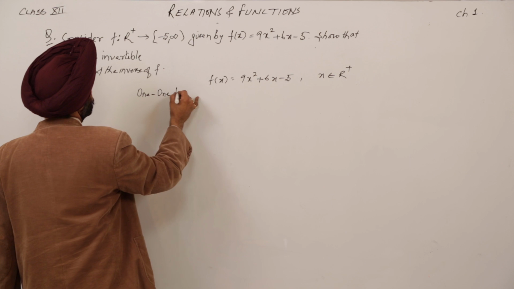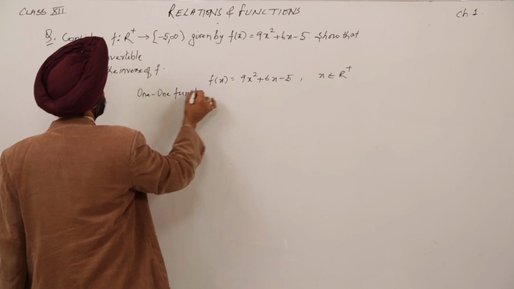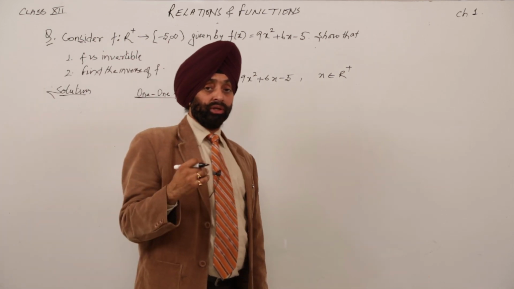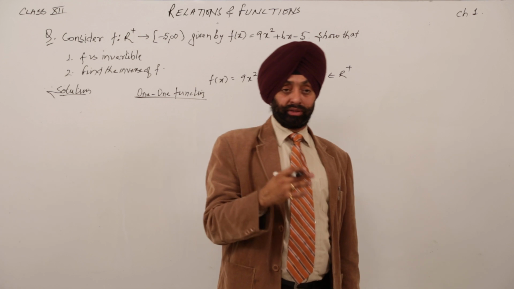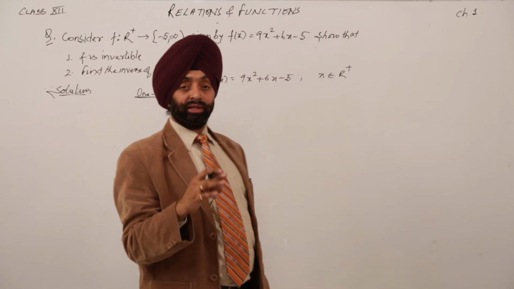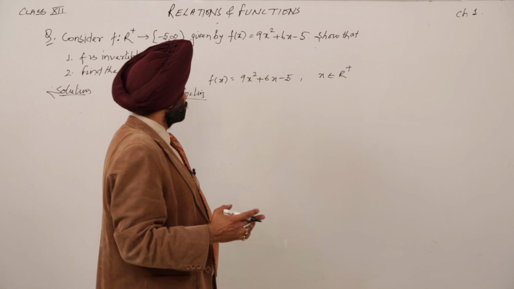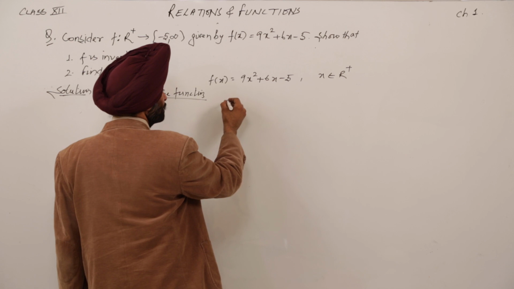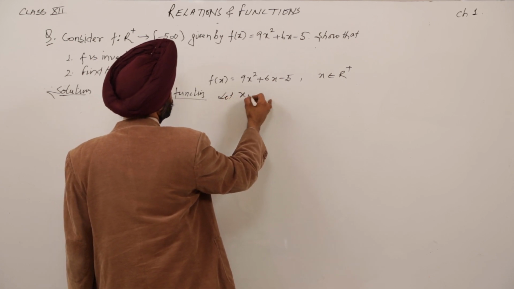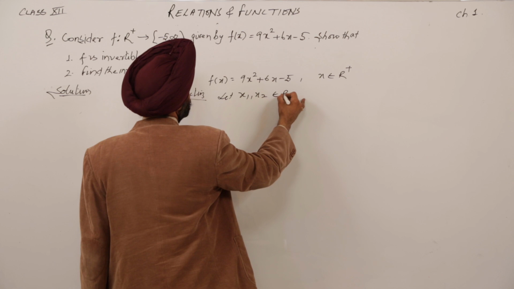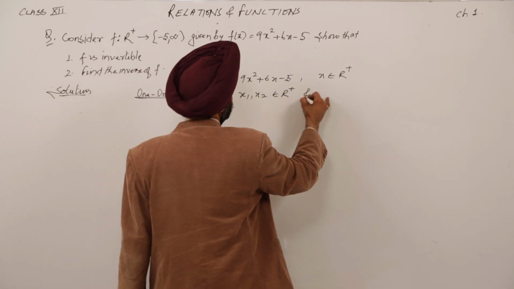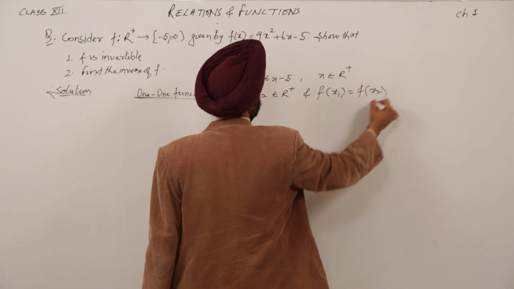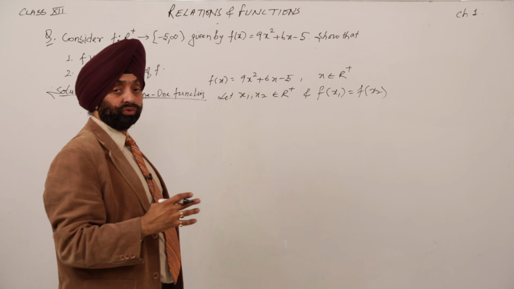For the 1-1 function, dear students, what we did in the algorithm approach, we started with f(x1) = f(x2), and then at the end we showed x1 = x2. So we are going to prove this for the 1-1 part. Let x1 and x2 belong to the set of positive real numbers, and given that f(x1) = f(x2), by the algorithm approach for the 1-1 part.